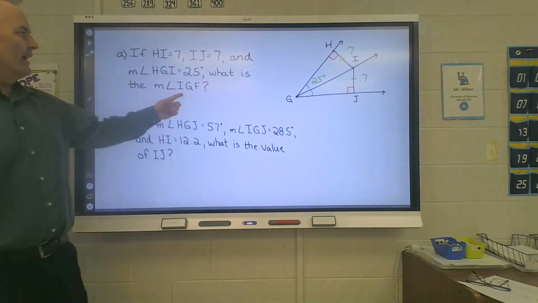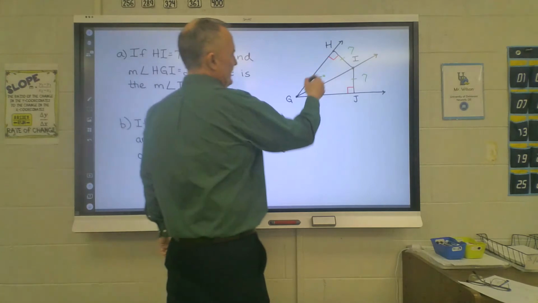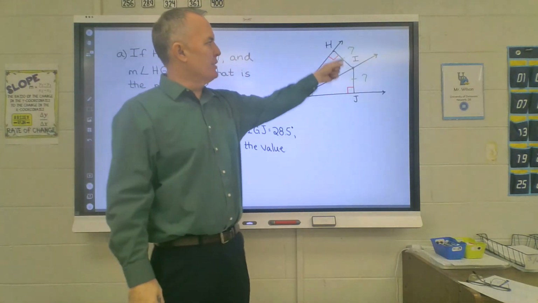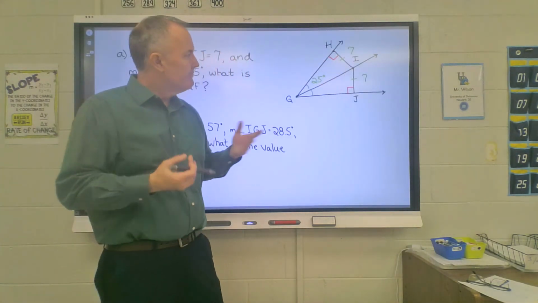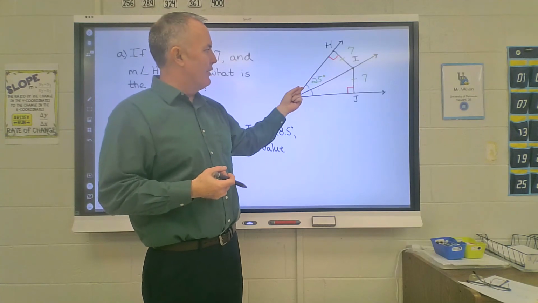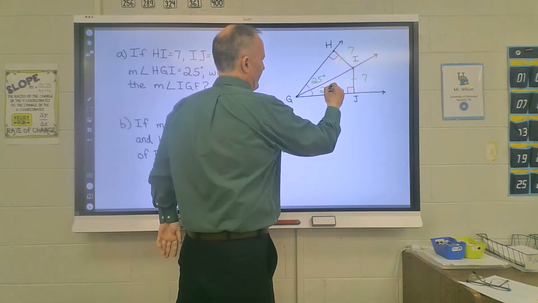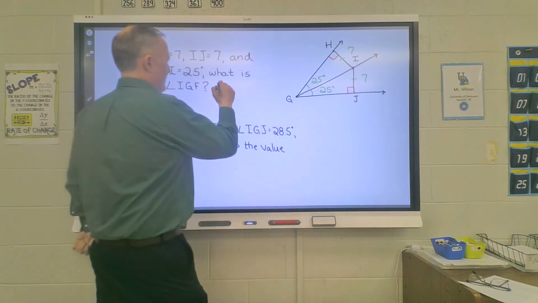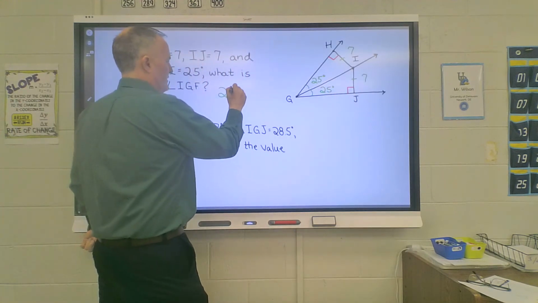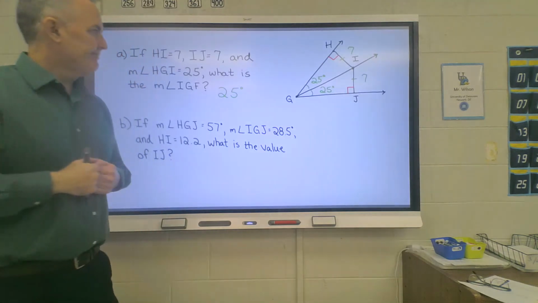What is the measure of IGF? Well, if these two are congruent to each other, that makes that an angle bisector, so this would also be 25 degrees. So my answer for this one is 25 degrees.